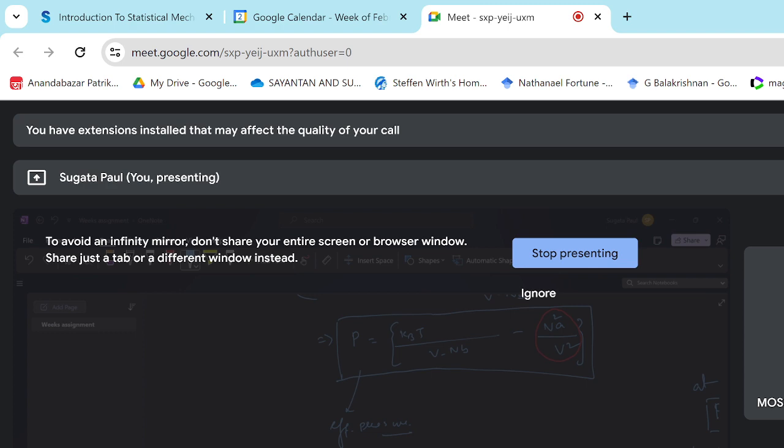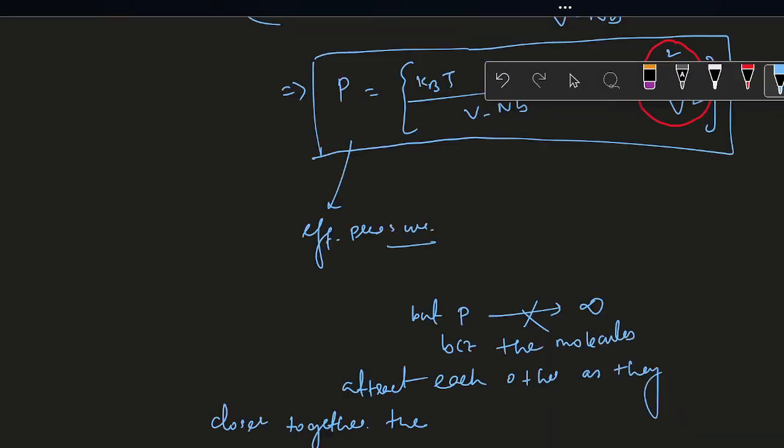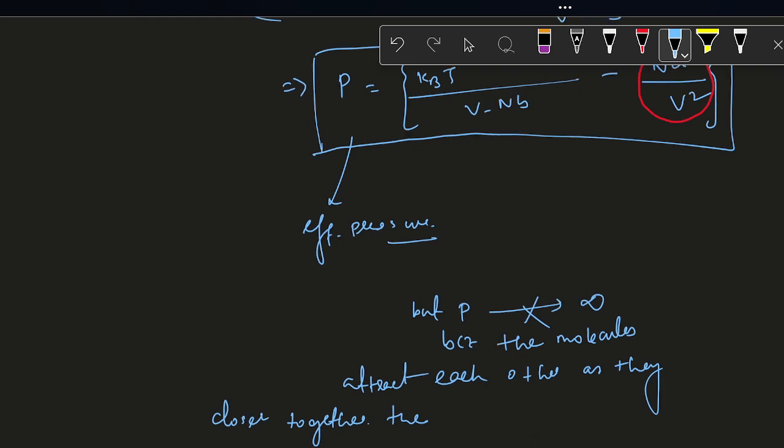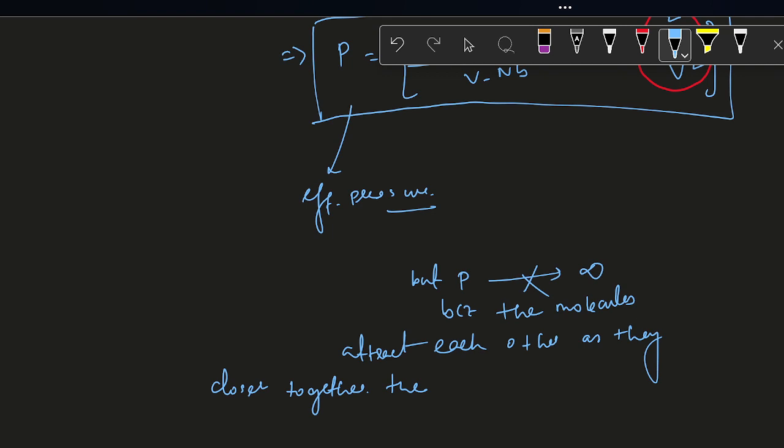Okay, so we are discussing the first question in the assignment: what is the parameter A suggesting, what is the physical meaning of the parameter A in the van der Waals equation of state. As I was saying, even if you keep on shrinking and the volume goes almost to 0, the pressure does not diverge, because in a real or non-ideal case the molecules also attract each other.